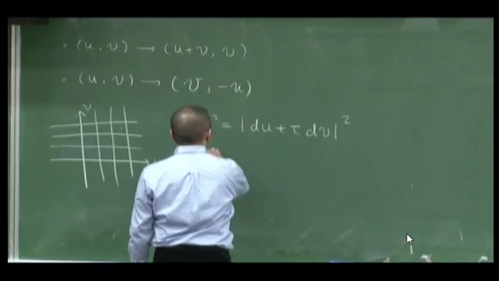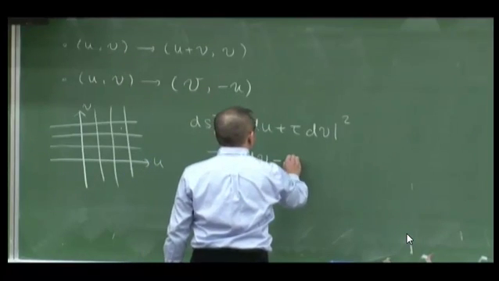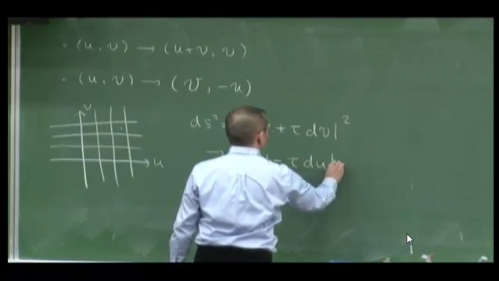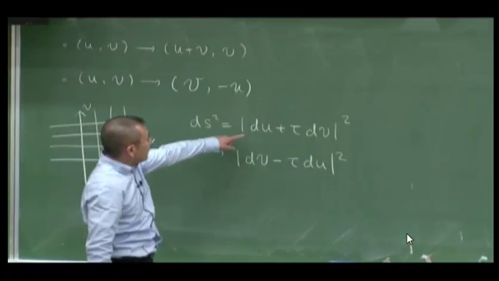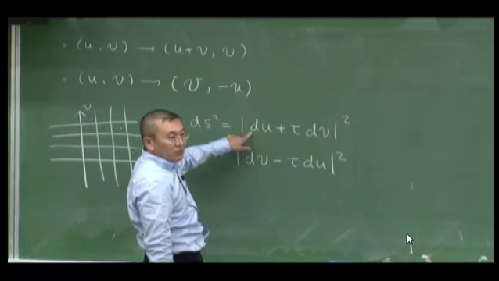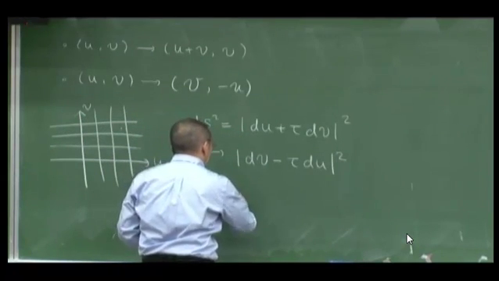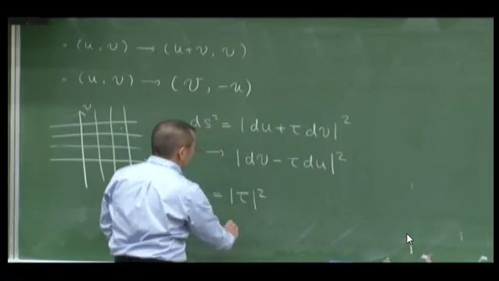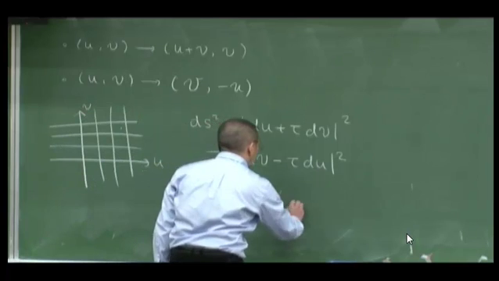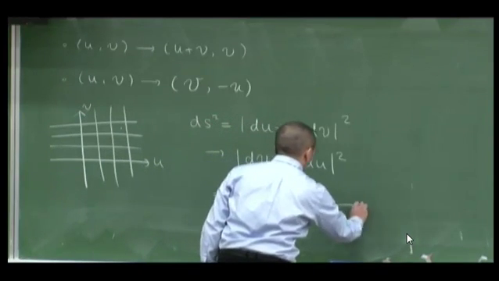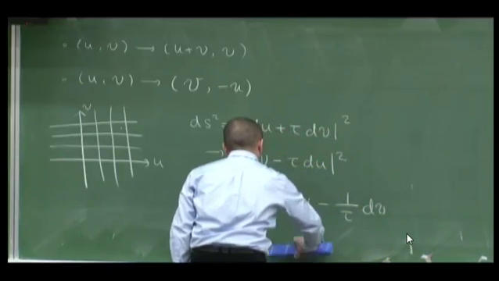But now, after the transformation, it becomes |dv minus tau du|. This is not quite this form because here the coefficient of u was equal to 1. So we can rescale the metric. We can factorize the absolute value of tau squared in front, and then write |du minus (1 over tau) dv|^2.